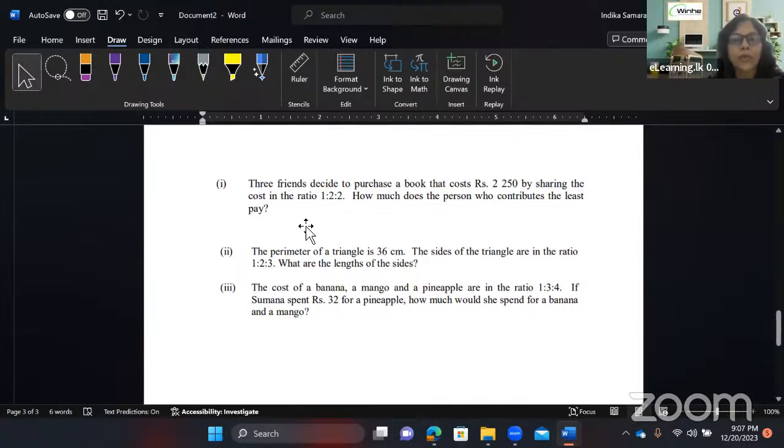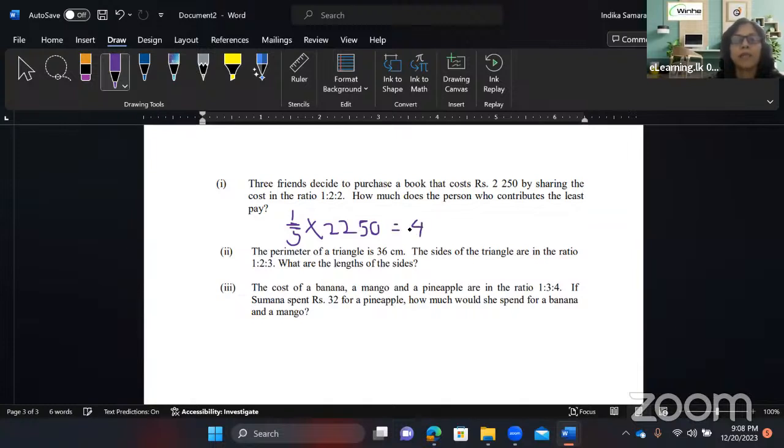Here you have to find out the total of this ratio. Total is what? And each value. Total is 5. Least ratio is 1 out of 5. Then if the total cost of the book is 2,250, then what is the answer?